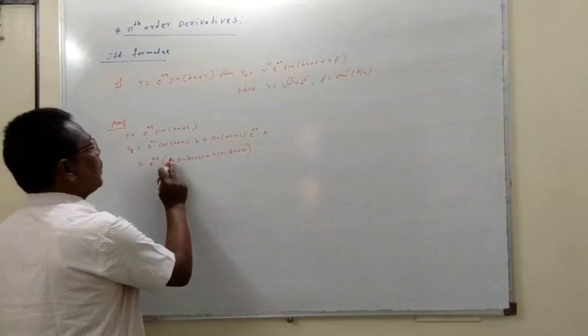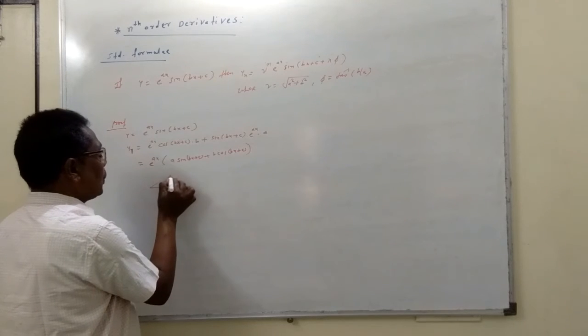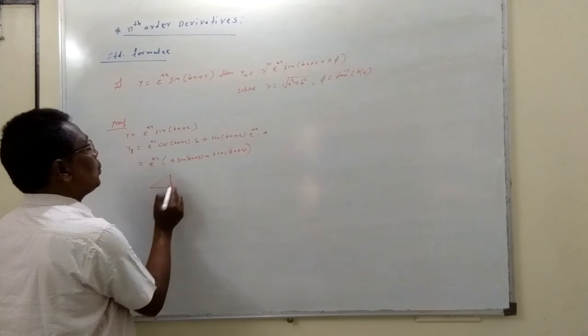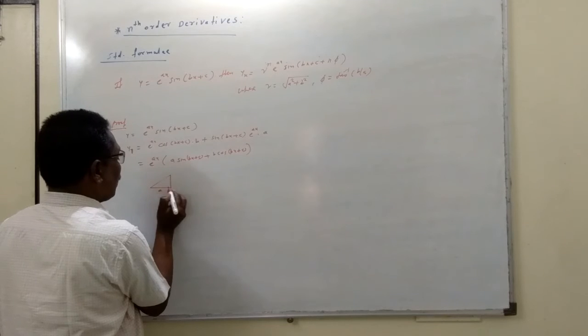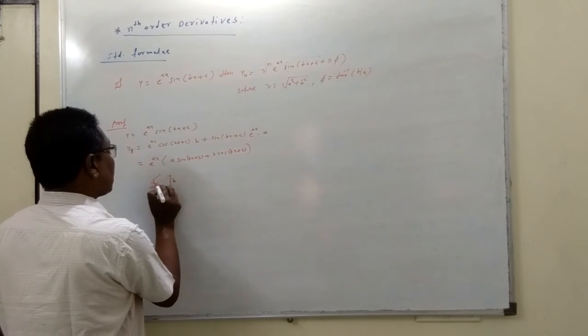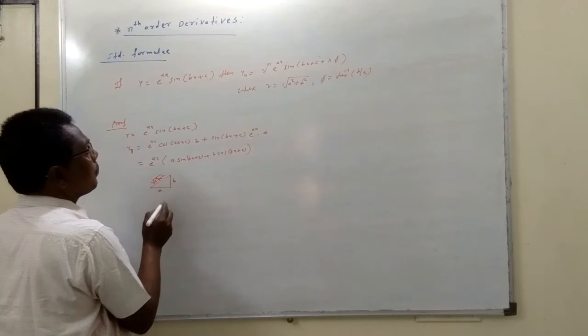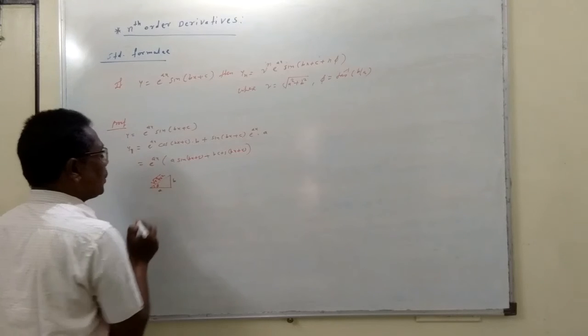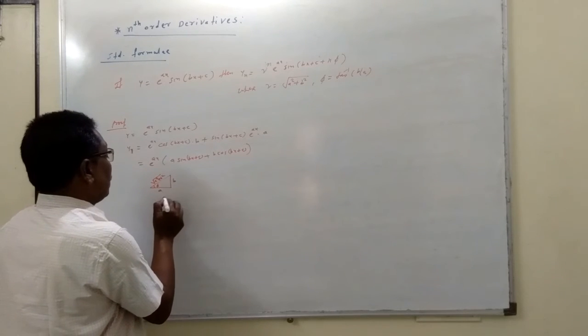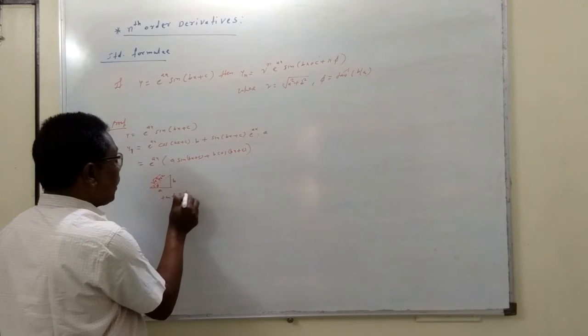For that, here cos is required, here sin is required. So we will use the trigonometric substitution. Here cos is required, a; here sin is required, so b. Now by Pythagoras, this is under root a square plus b square. Suppose this angle we consider φ, so tan φ is equal to b upon a.